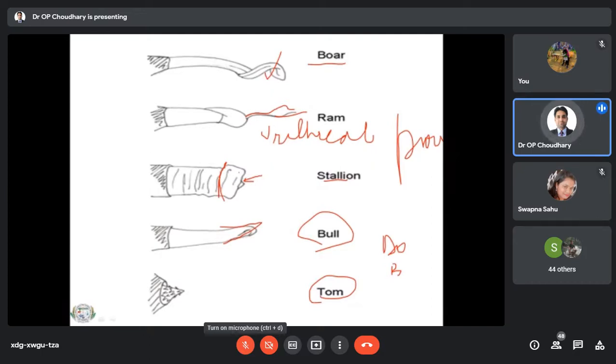There is presence of only the prostate gland. So in the dog, no. If there is absence of the seminal vesicle and the bulbourethral gland, the prostate will not play the role of these glands. Whatever the secretion from the prostate, it will go into the urethra. That's all. The remaining secretions will not be present.